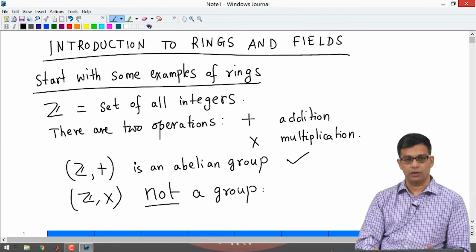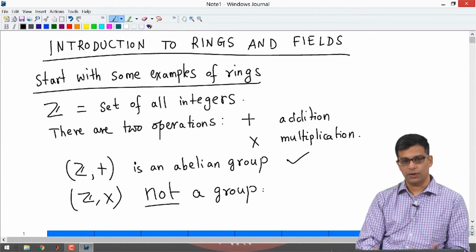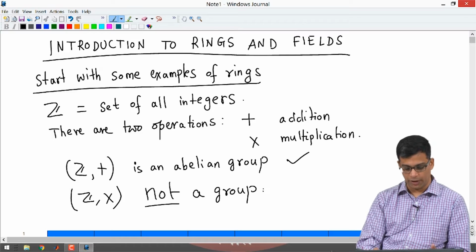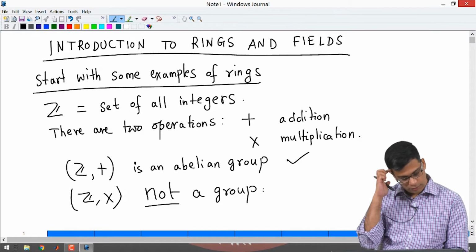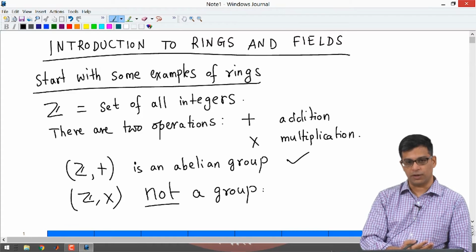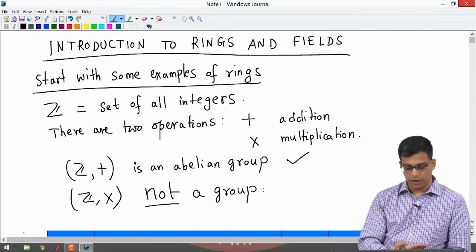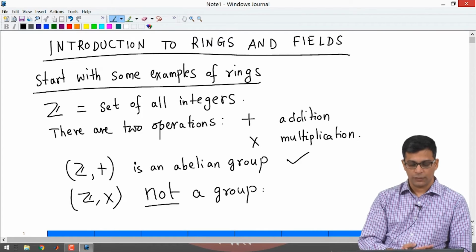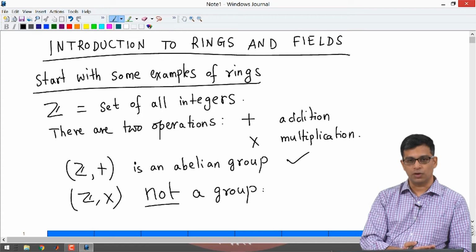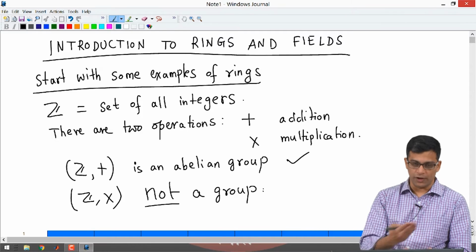There is no identity for the group either, because 1 would be the most obvious candidate for the identity element, since 2 times 1 is 2, but 0 does not have any inverse. No number when you multiply by 0 gives you 1. Similarly, you do not have inverses. For example, there is no integer that you multiply 2 with to get 1.